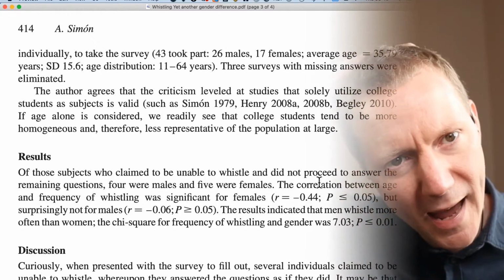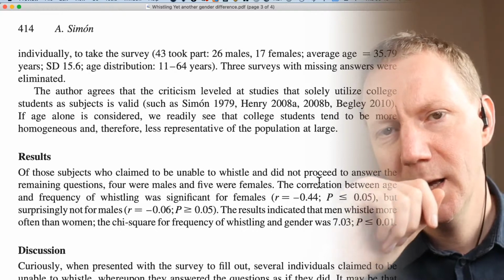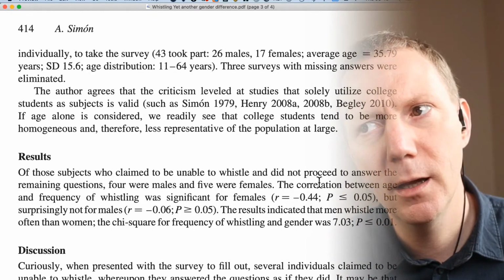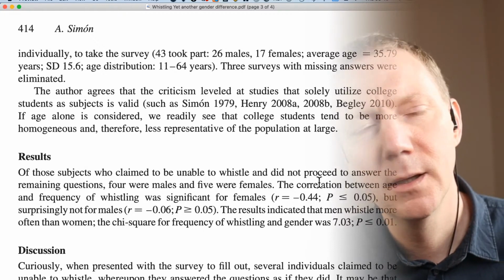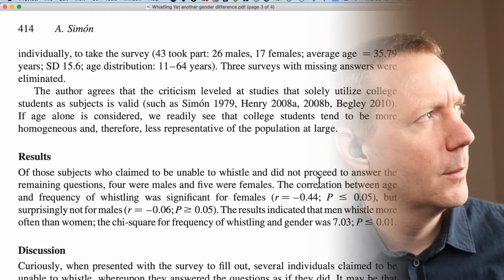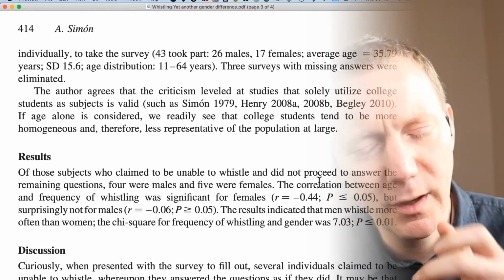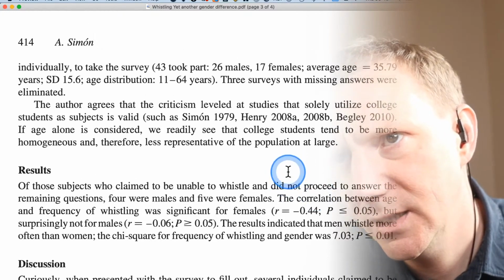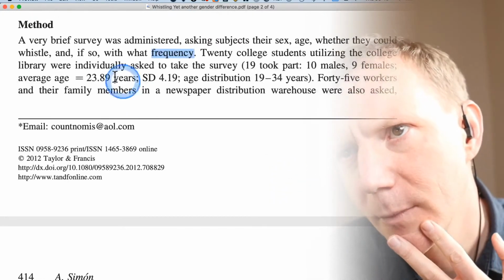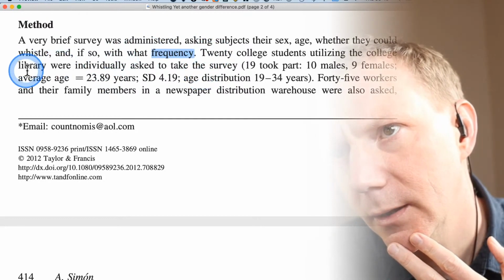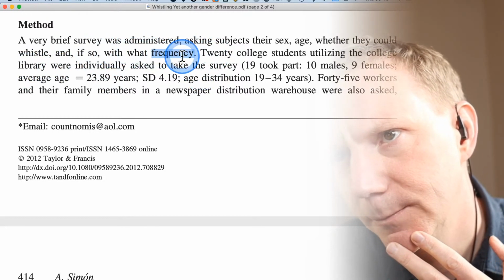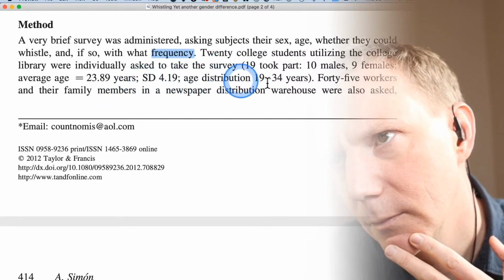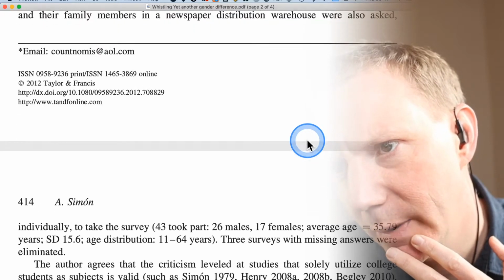Another thing that could have happened is that people reported the same frequencies. Let's look at this question again: whether and with what frequency? No, it's not stating anything about that.